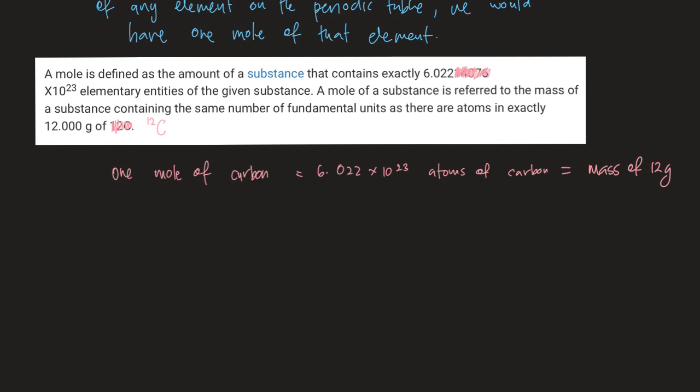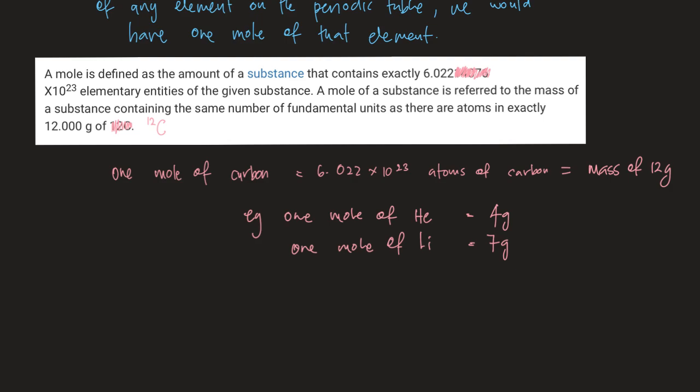That's how large my sample would be. So for example, I could say 1 mole of helium is equal to 4 grams. And 1 mole of lithium would give me 7 grams.